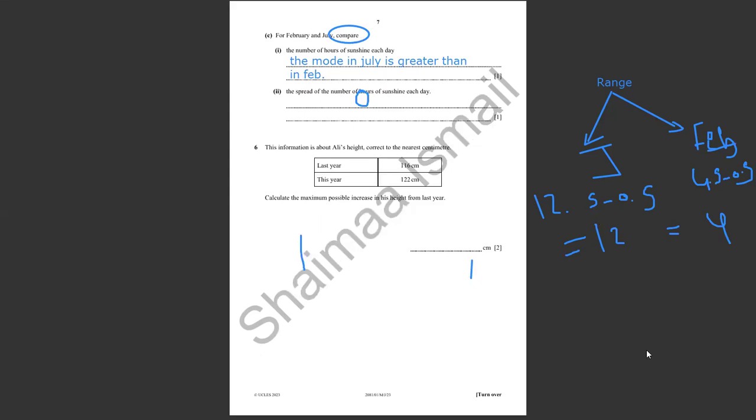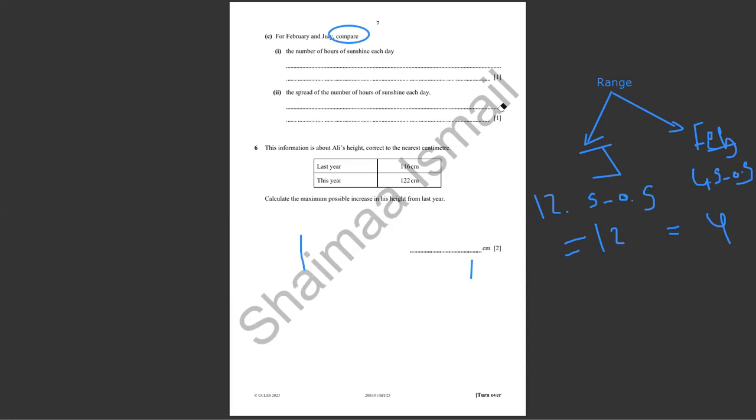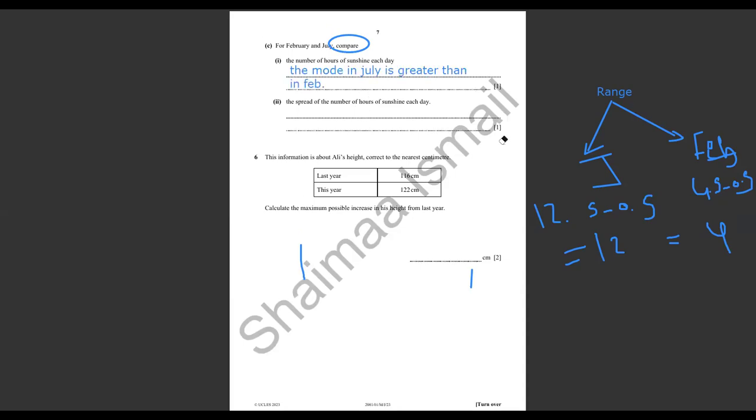So we can say the spread of number of hours in February is less than in July.